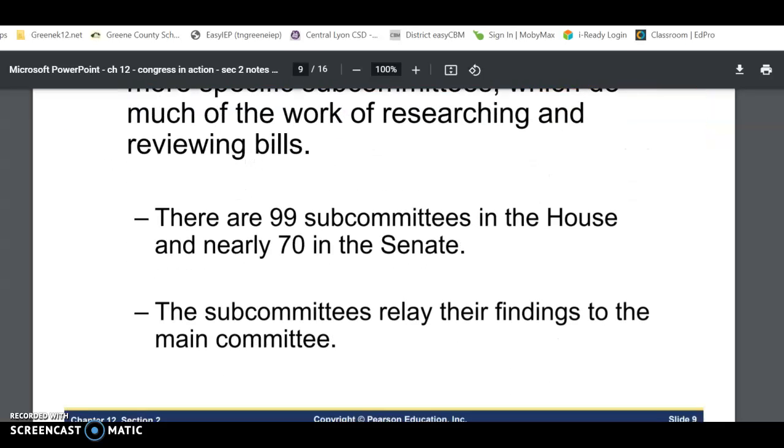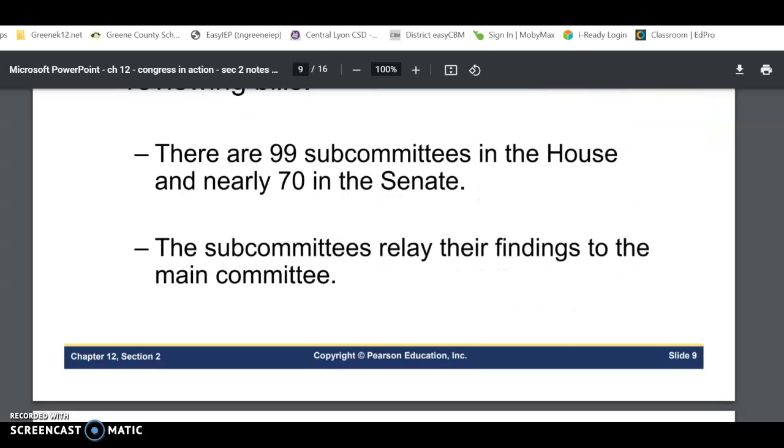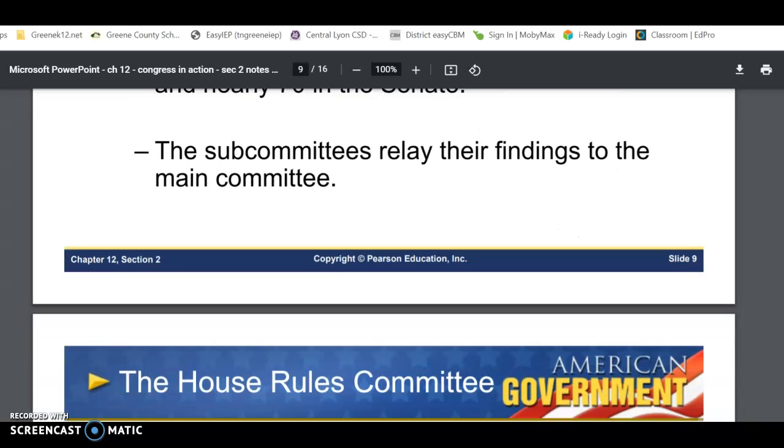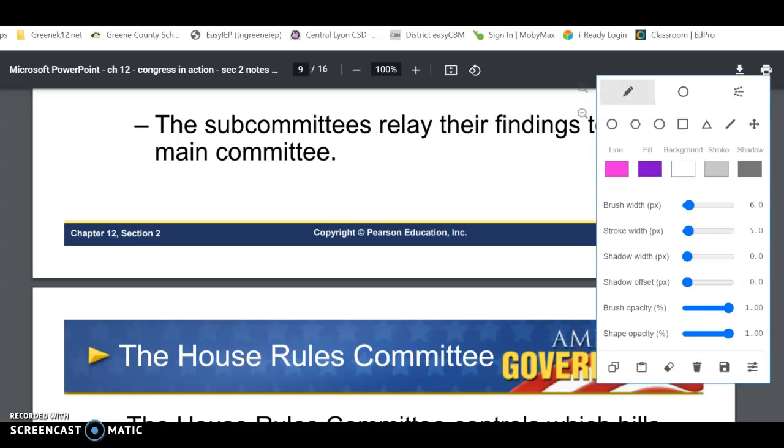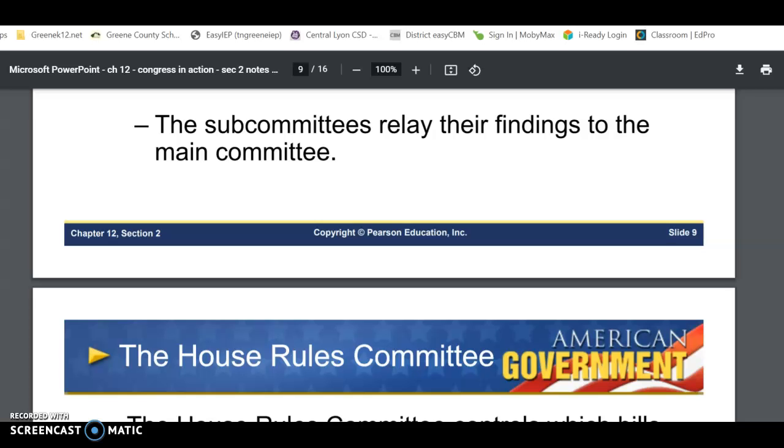So again, you can see there are a lot more subcommittees in the House of Representatives than in the Senate, just because of the number of people in each. And so after they do their research, the subcommittees relay, or tell, their findings to the main committee, the main standing committee.